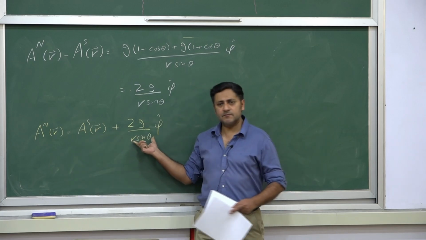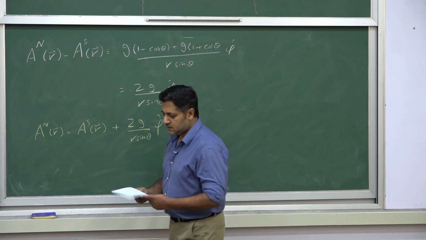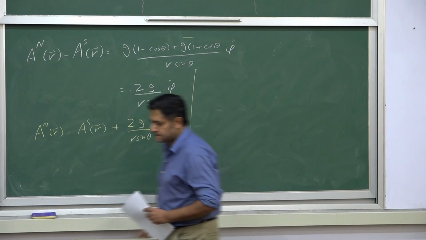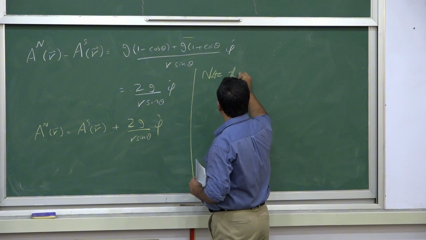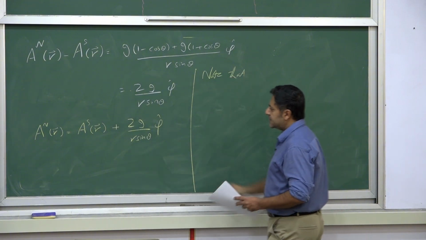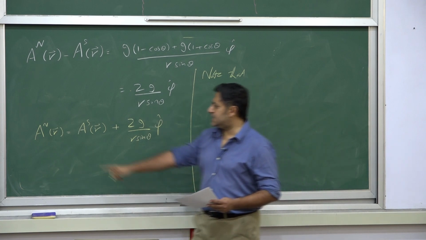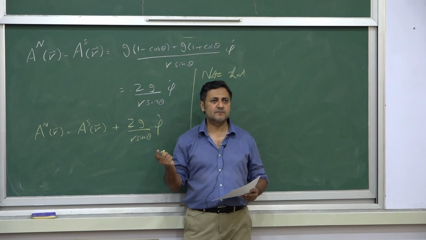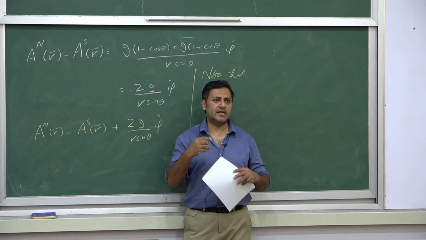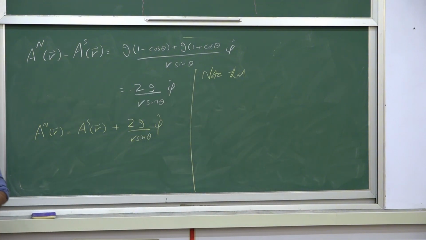I just add this term to the south, I get the north. But I can notice that this can be written as the gradient of a scalar function. So that means that this guy and this guy are related by a gauge transformation. So it's just that I cannot choose a global choice of gauge. I have to stop somewhere.